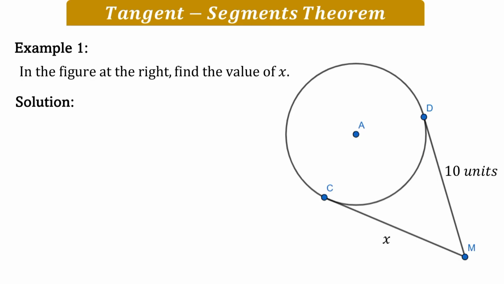In the figure at the right, find the value of x. In circle A, segment MD and segment MC are tangents of circle A at point D and C respectively. These two tangent segments intersect at the exterior point M. Hence, they are congruent.